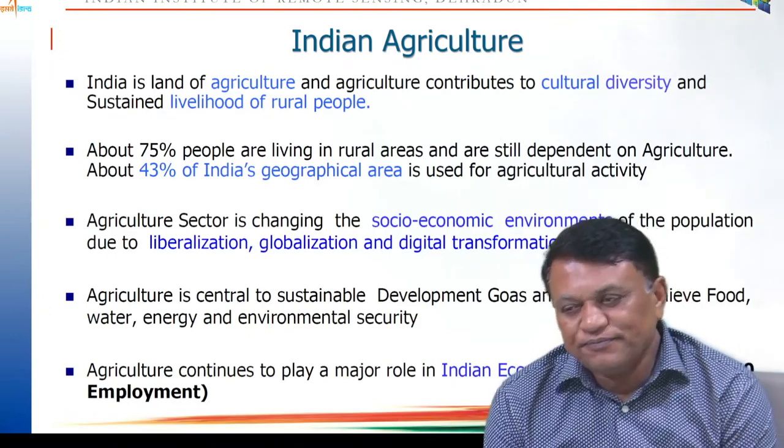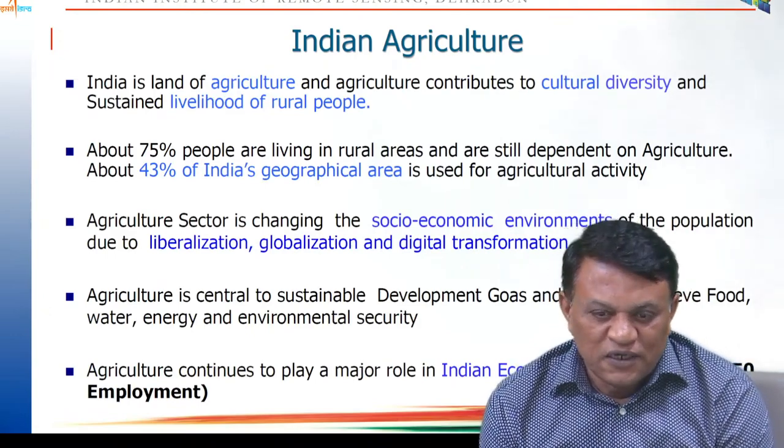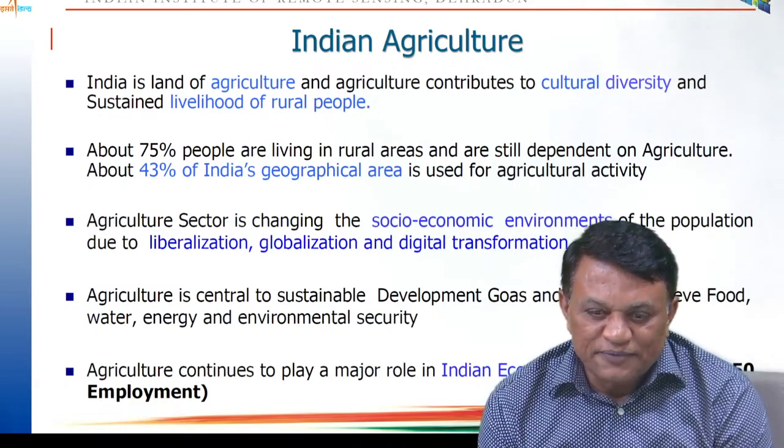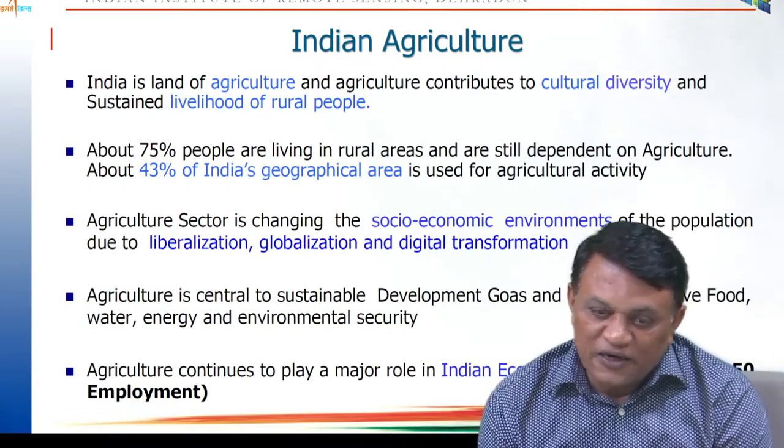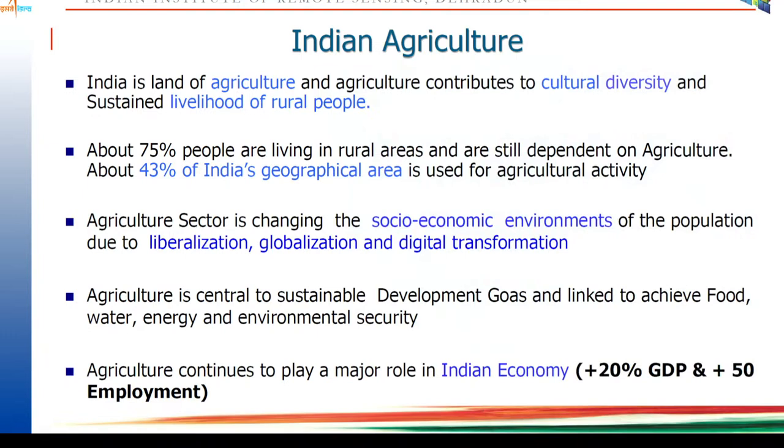Indian agriculture, well known, India is a land of agriculture and contributes cultural diversity and livelihood of the people. More than 70% of people live in rural India, and agriculture is the only source of their income.